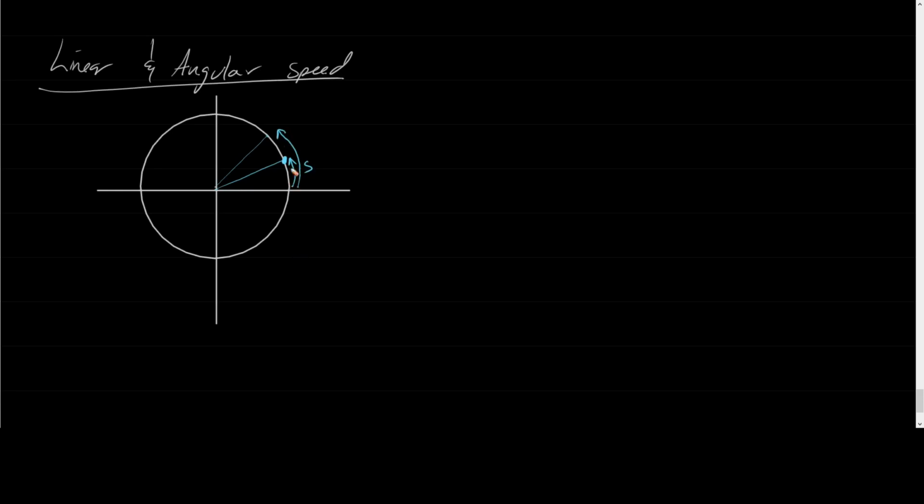How fast did we go from there to there? That is linear speed. Going along this way is linear speed. But if we ask how fast the angle changed from here to here, that is angular speed. So I want you to think about how fast the angle is changing versus how fast you're moving in position.